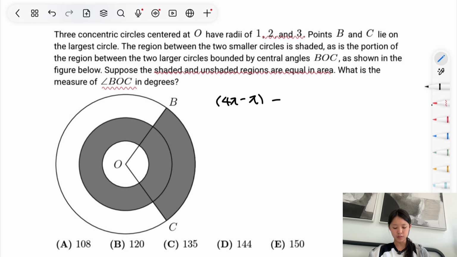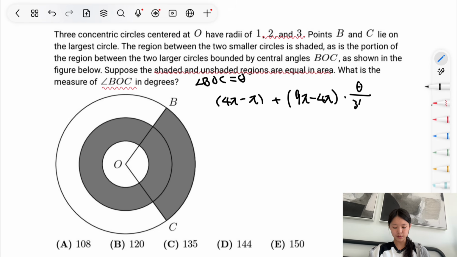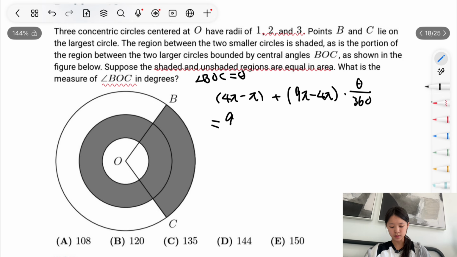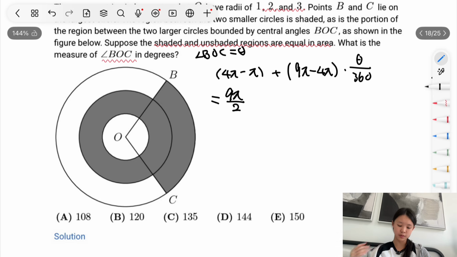And then you would have the outer ring, which is 9 pi minus 4 pi times theta, the angle BOC, divided by 360 to get that shaded area in the fan shape. And we can equate this to the other half of the area, which is the total area of the whole thing divided by 2, and that's 9 pi divided by 2.